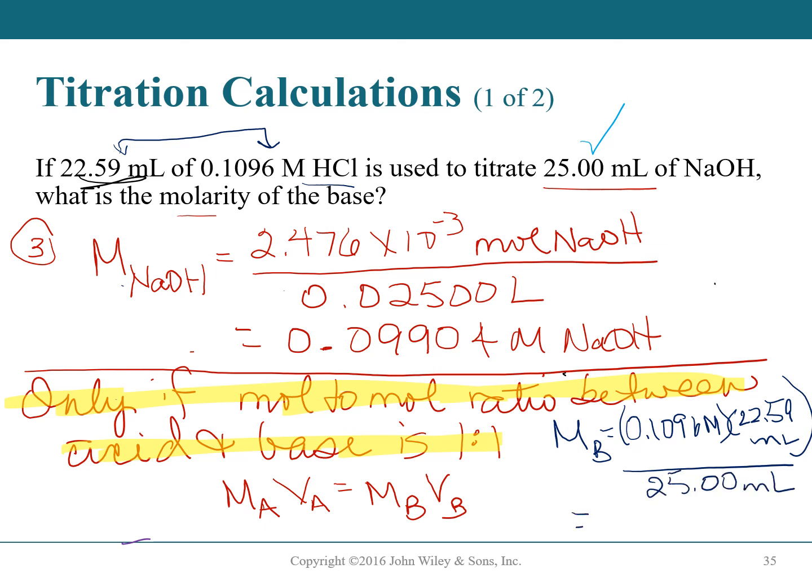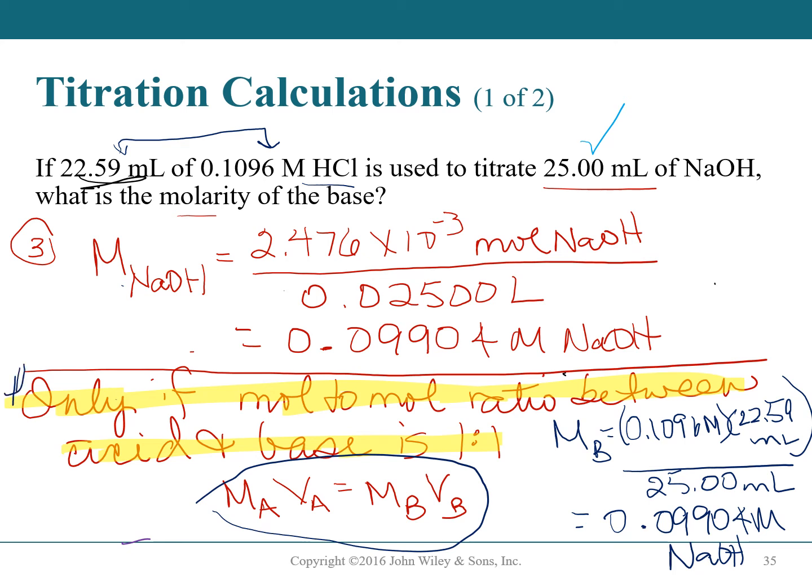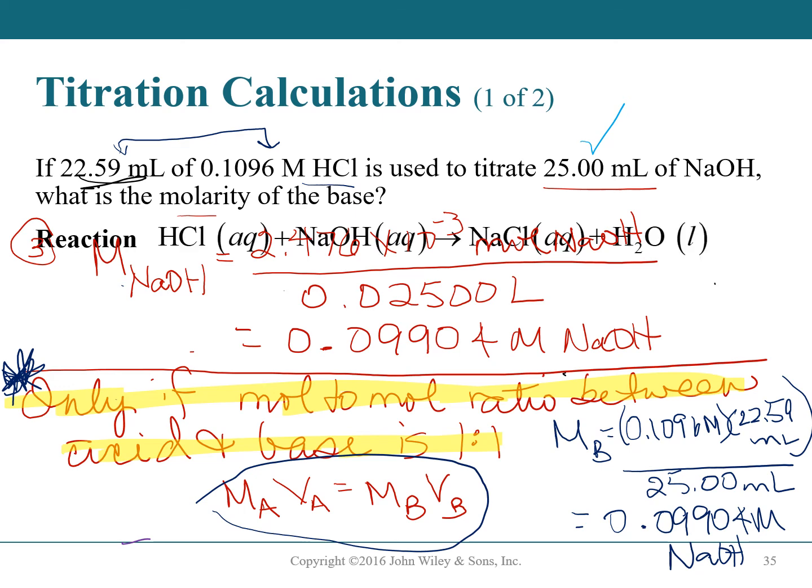And that gives us 0.09904 molar sodium hydroxide. So you can use this equation, but you must satisfy this condition, 1 to 1.